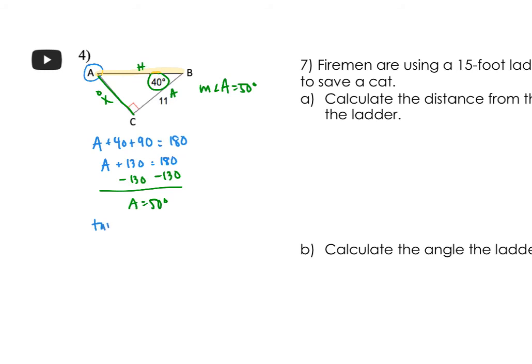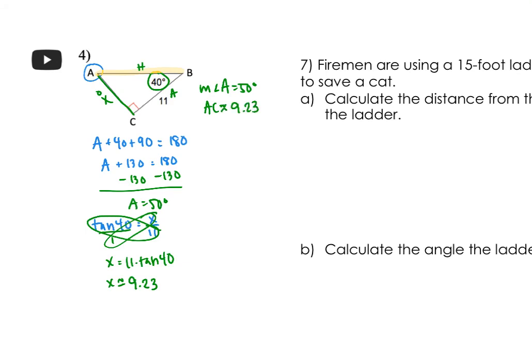So it's going to be tan 40 equals X over 11, and cross multiply. So X equals 11 times tan of 40. And then we just put that in our calculator. We get 9.23. So AC is about 9.23.